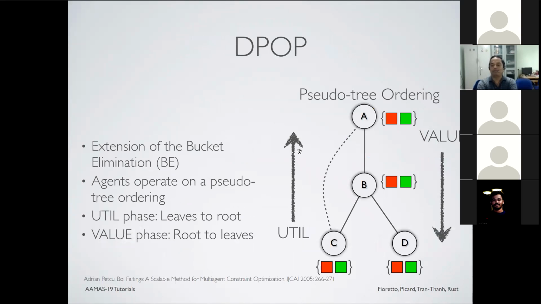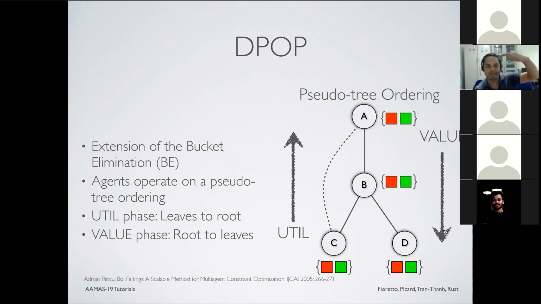Now, how the DCOP algorithm works. This is the pseudo-tree of the given graph. There are two directions. In one direction, the utilities will go up, and in the other direction, the value will come down.